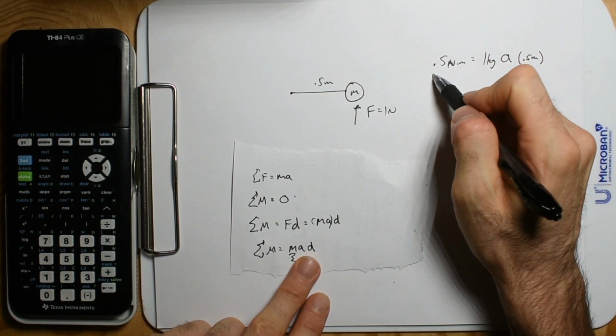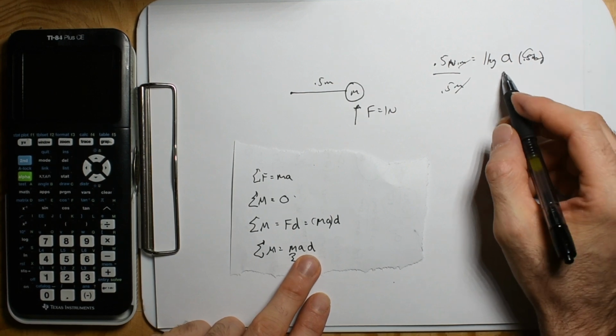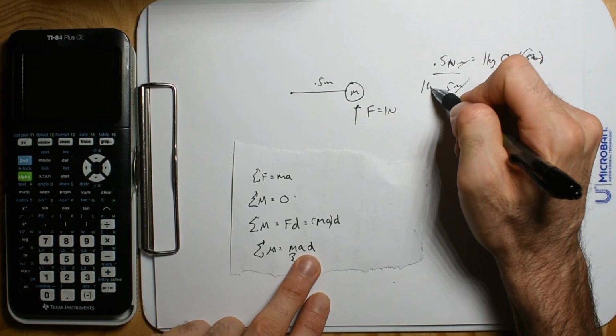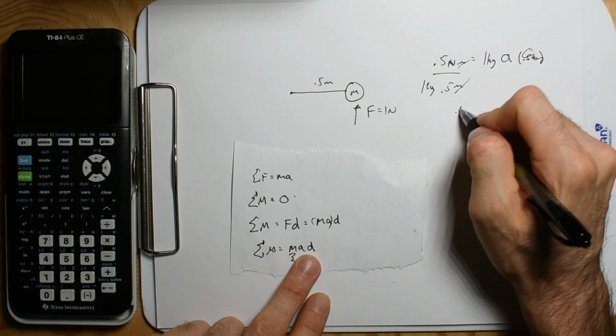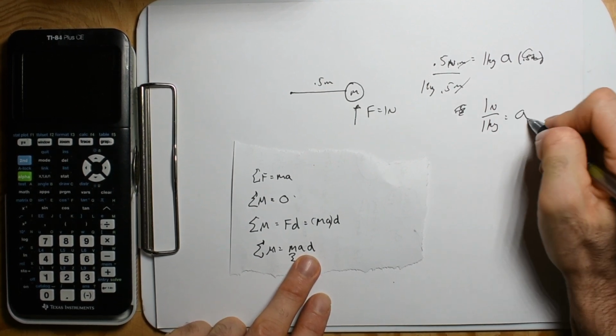Cool. So this is going to divide by 0.5 meters. Meters cancel, and then we'll divide by mass, 1 kilogram, and so you're going to have 1 Newton per 1 kilogram, and that's going to be acceleration.